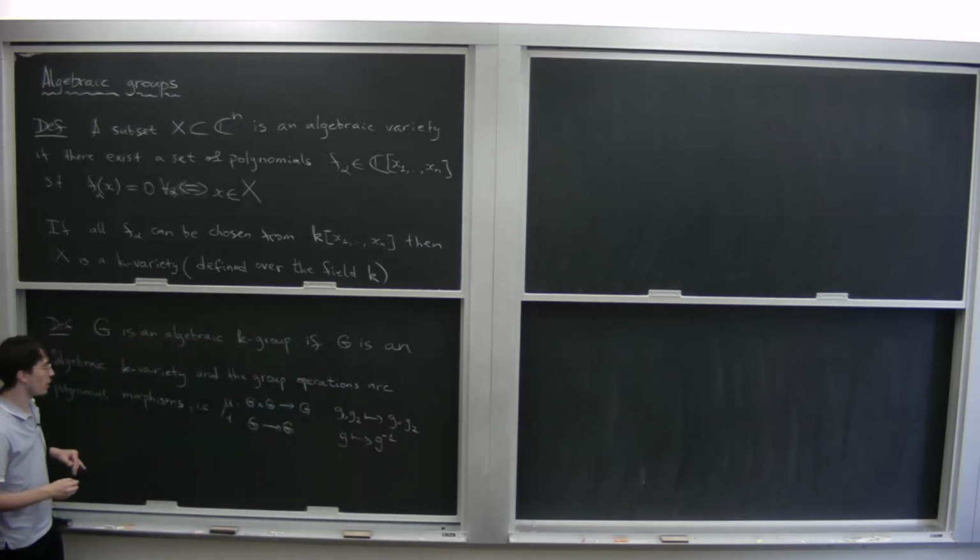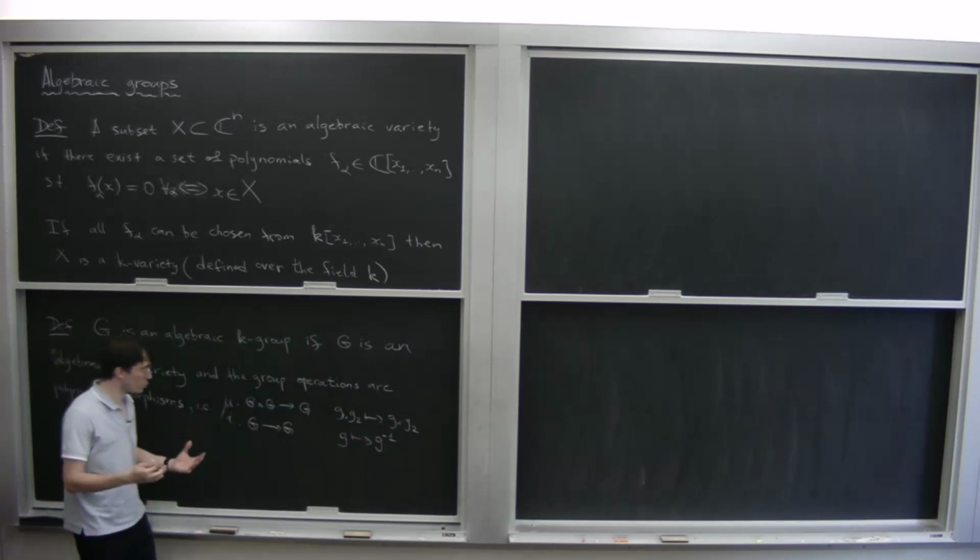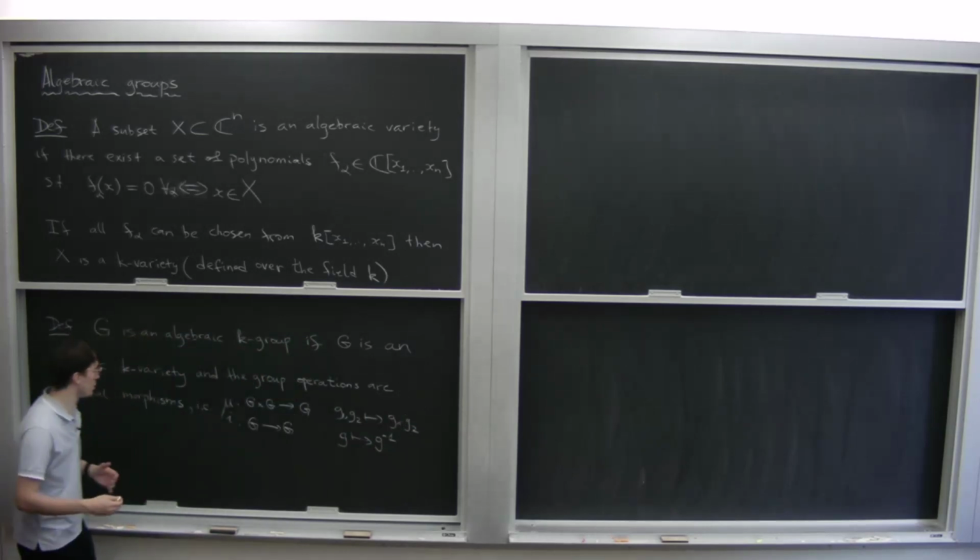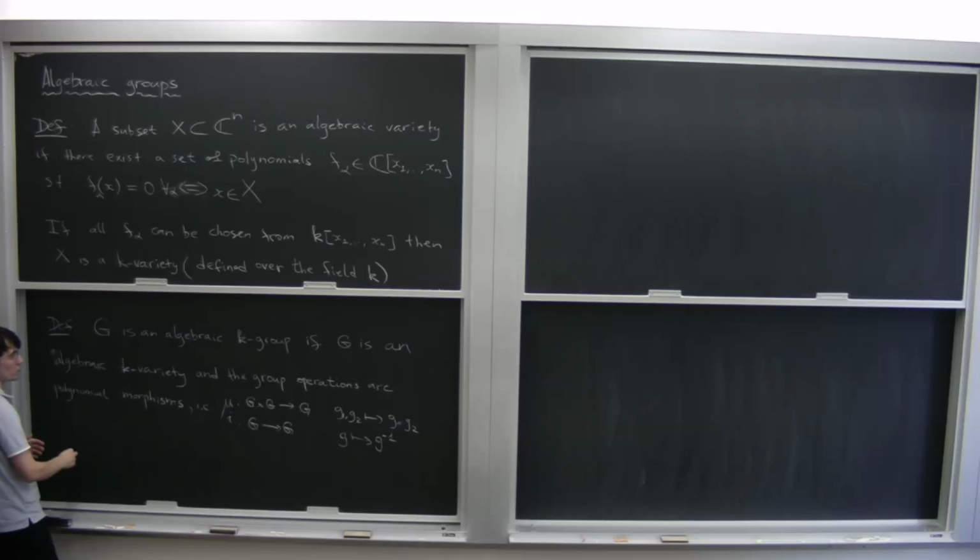So these two maps can be written as polynomials, they are just polynomially defined.